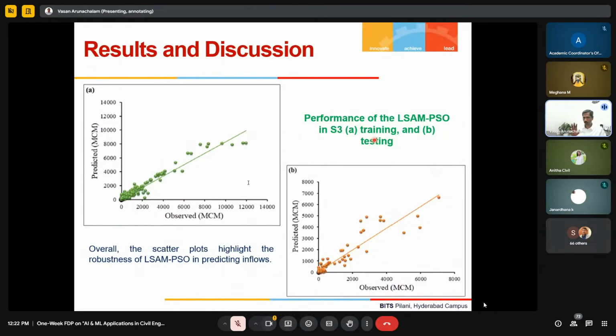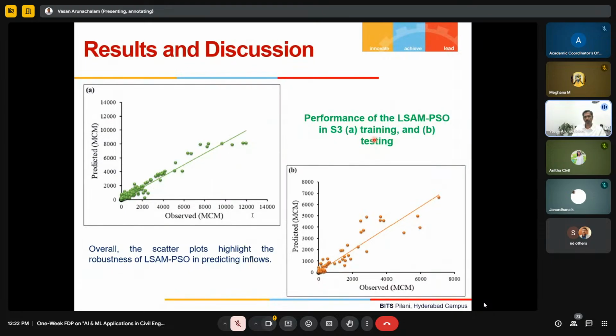There are no points lying drastically far away from the 1:1 line, which also confirms the robustness of the predictions, and it is not having major prediction anomalies. There will be some, but relatively this is okay.